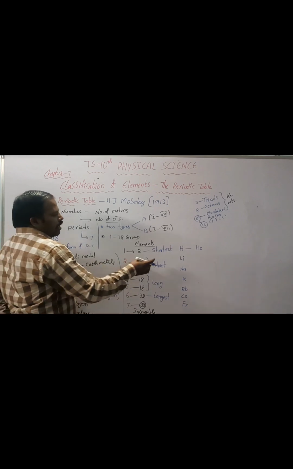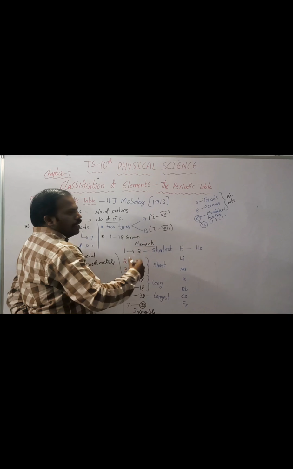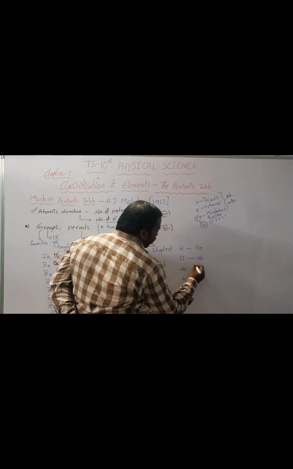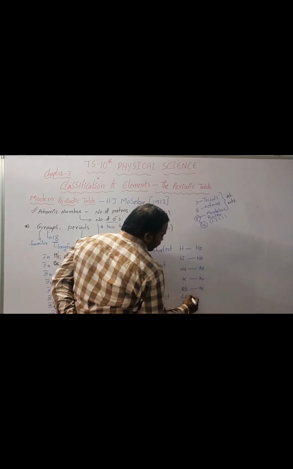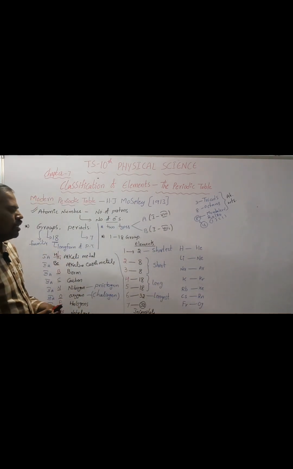Next, periods end with helium, neon, argon, krypton, xenon, and radon. So these are the starting and ending elements.